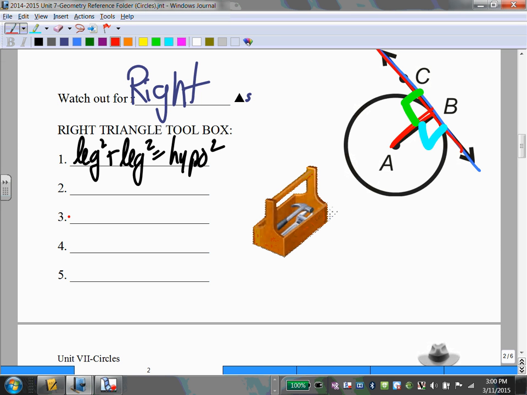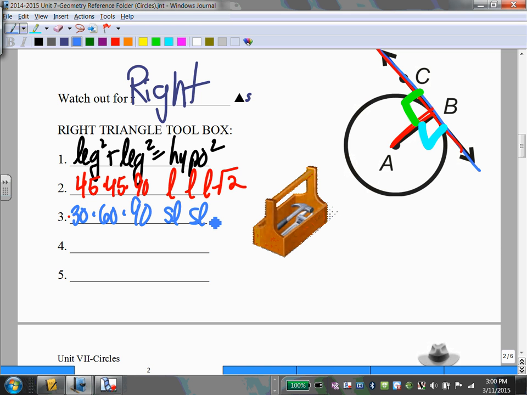Next one, 45, 45, 90. Say it with me. 45, 45, 90. Leg, leg, leg root 2. Good deal. 30, 60, 90. Short leg, root 3, short leg times 2.